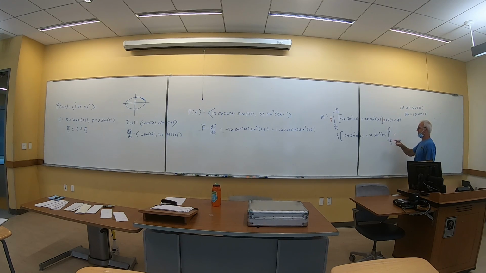So I'm going to get negative 12 times, I'm going to write it this way, the sine of pi over 2 quantity cubed, just so I don't mess up my interpretation, plus 16, I'm distributing the 1/2, times the sine of pi over 2 quantity to the 4th power, minus negative 12 sine of pi over 6 quantity cubed, plus 16 times the sine of pi over 6 quantity to the 4th power.